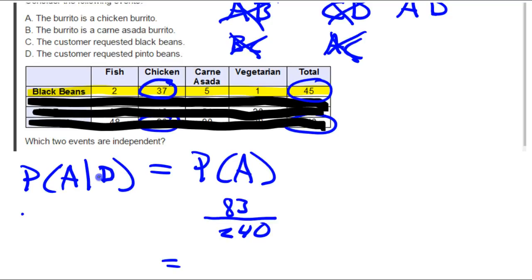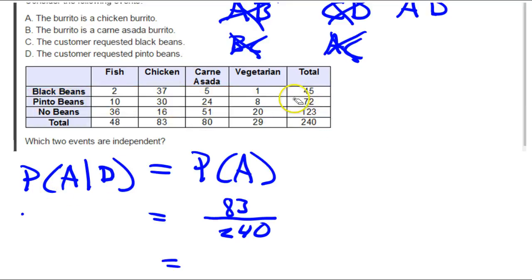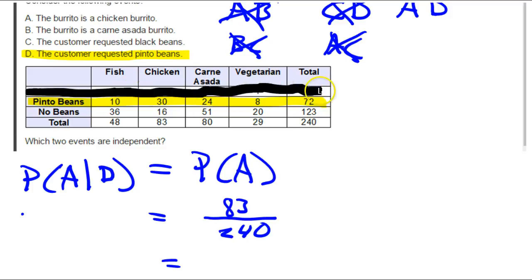Okay. We already have the probability of A from the last try. So now let's do the probability of A given D. If we're given D, pinto beans, that means we can forget about the rest.